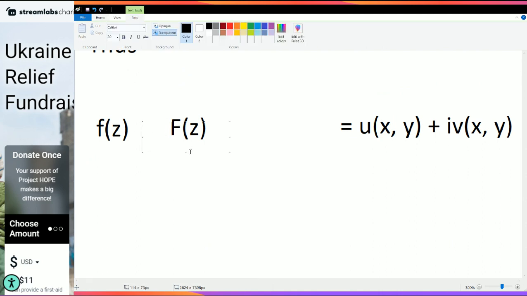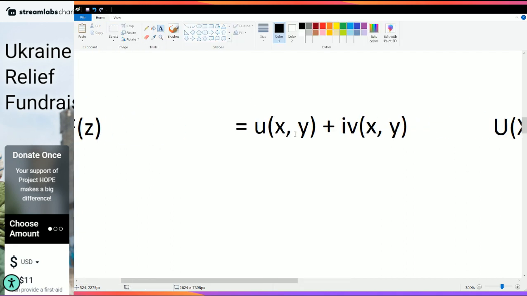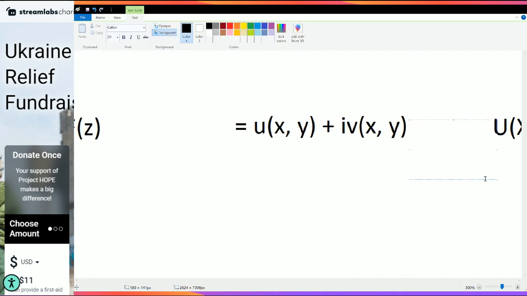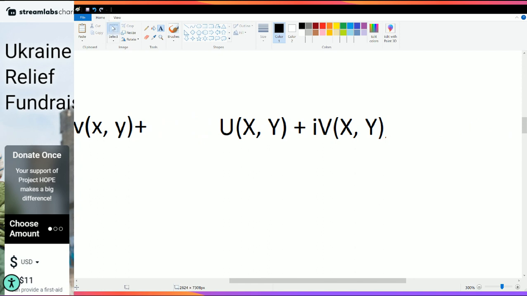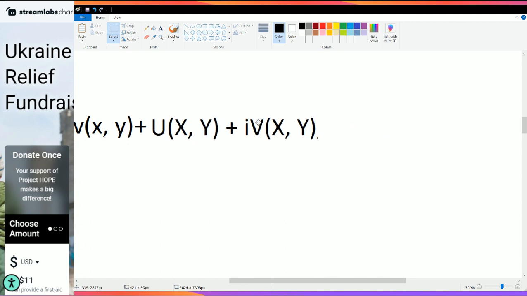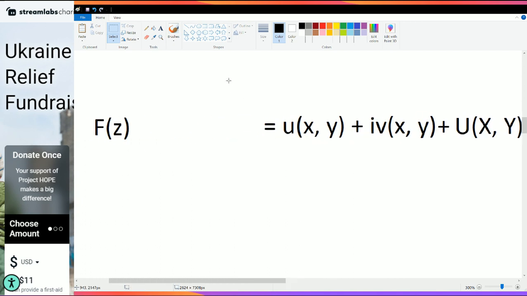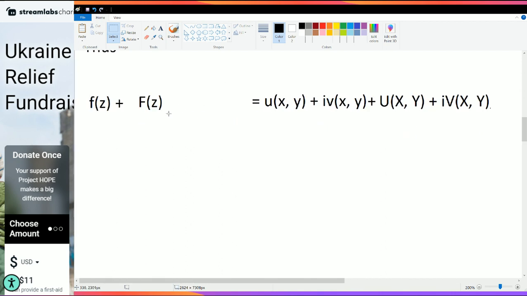So we're going to put a little plus sign right here. And we're going to put a little plus sign right here. And we're going to drag these together.